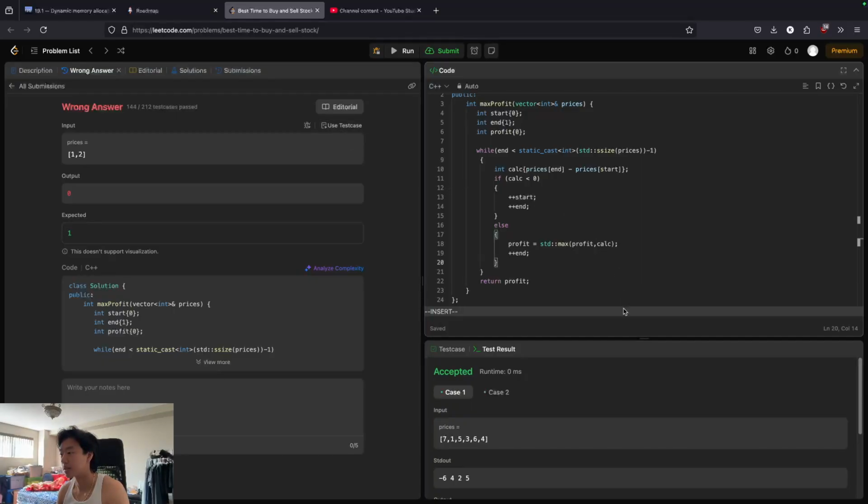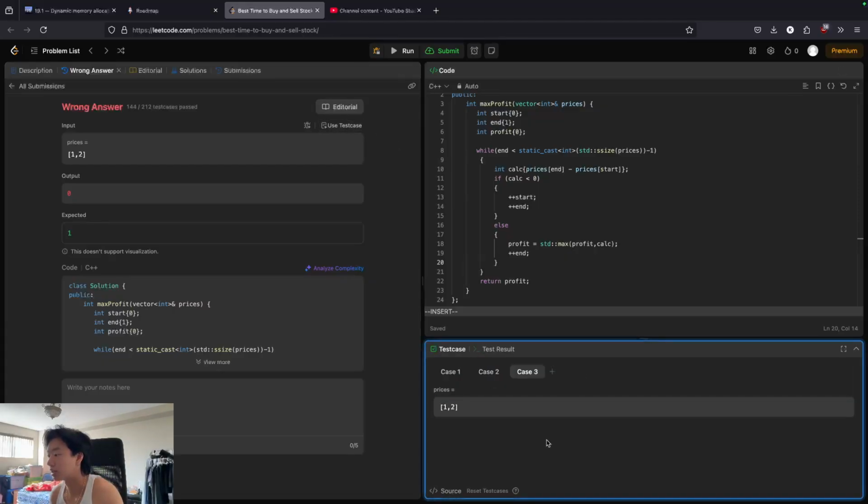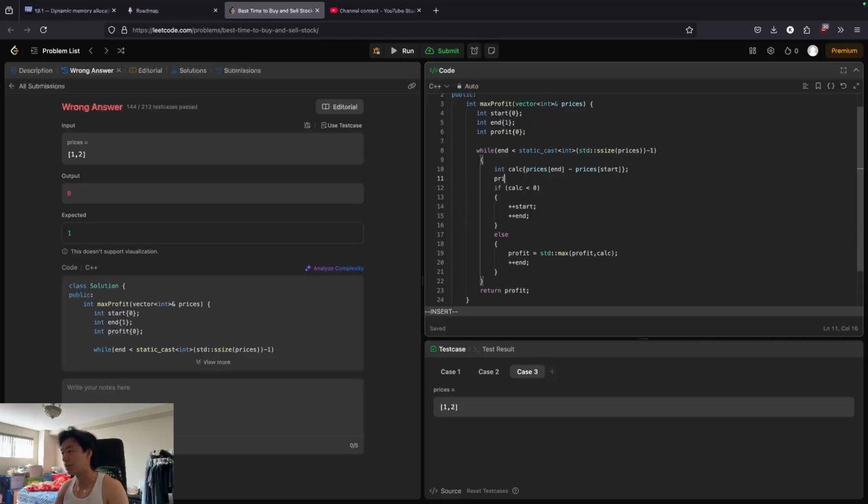Ooh, I messed up some edge cases then. Here what we're looking at is one. So then if price is 1 and price is 2, use test case. Well, we'll just print.